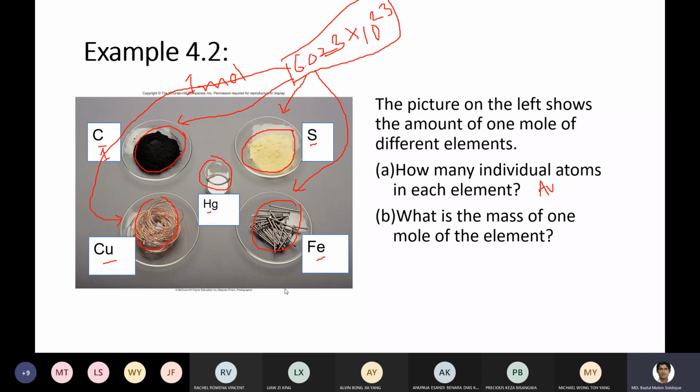This is the difference between them, the remarkable difference actually: the weight. This iron will have 55 gram, this carbon 12 gram, the mercury, although it's small, 207 gram, and sulfur 32 gram, and copper is 65 gram, right?